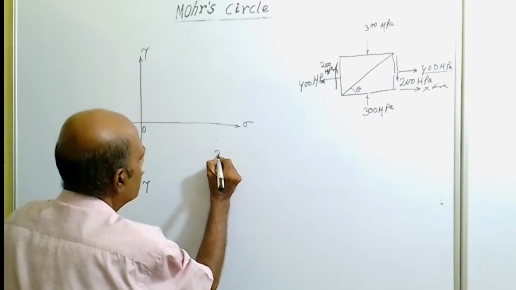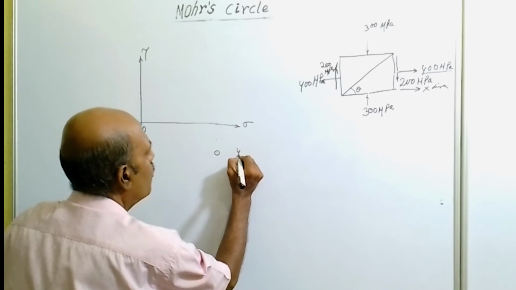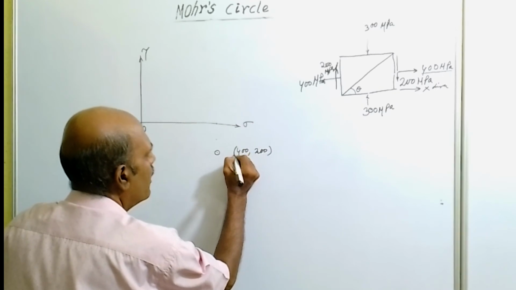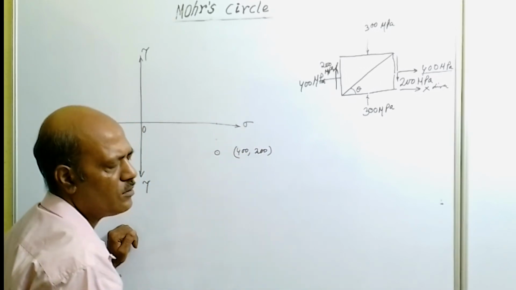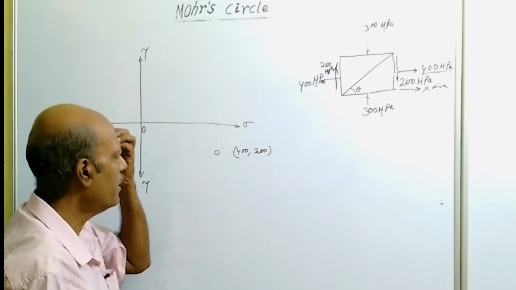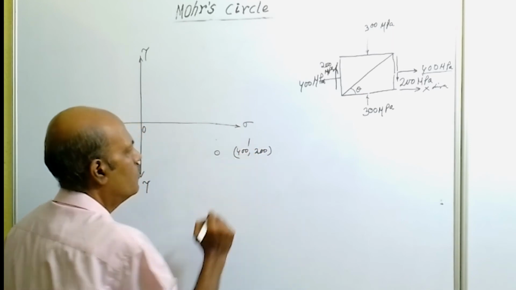So you will get this point, that is 400, 200. We have already taken the negative side, so no need to write negative 200. So we have got this point, which is the first point.